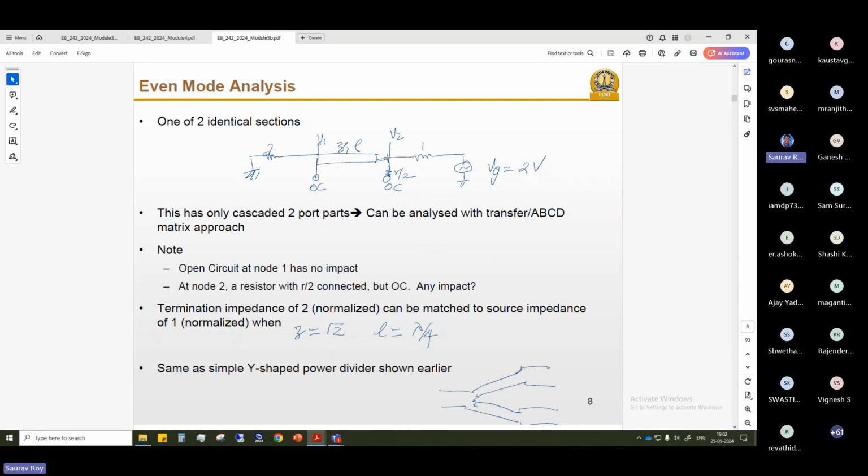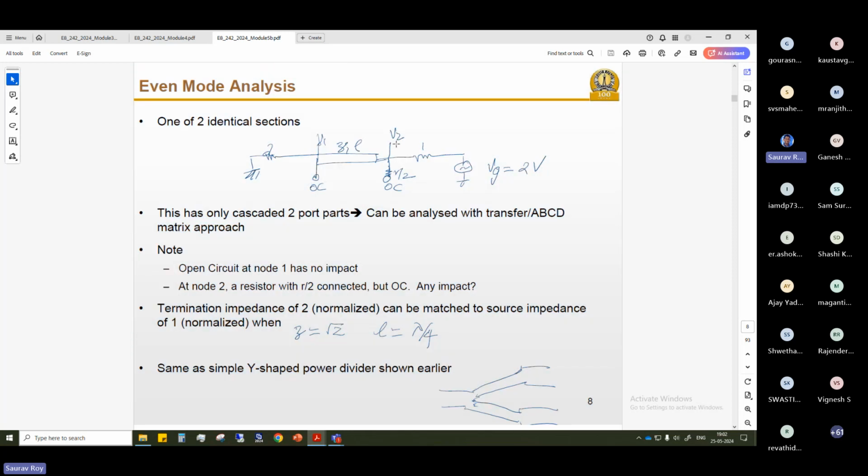If you need 50 ohm matching, now for a quarter wavelength line, L equals lambda by 4, the Z naught has to be input and output, right? As I told you, for a quarter wave line, at the output of this microstrip lambda by 4 line, 2 Z naught is connected here. And at input we want a 50 ohm line.